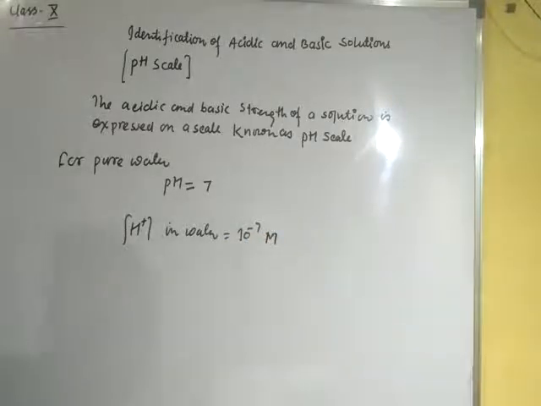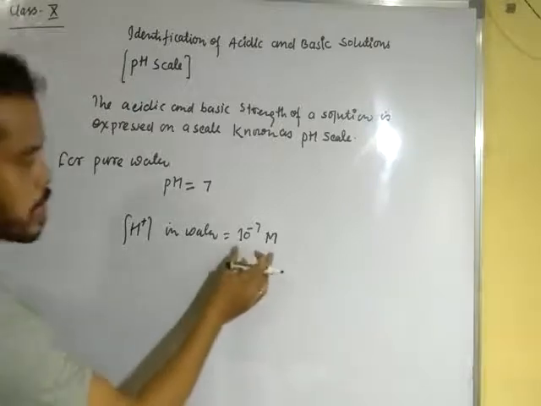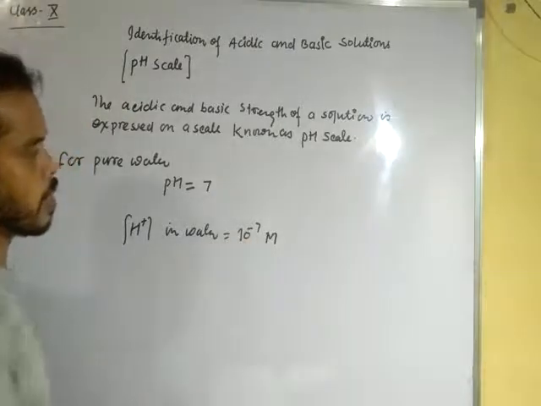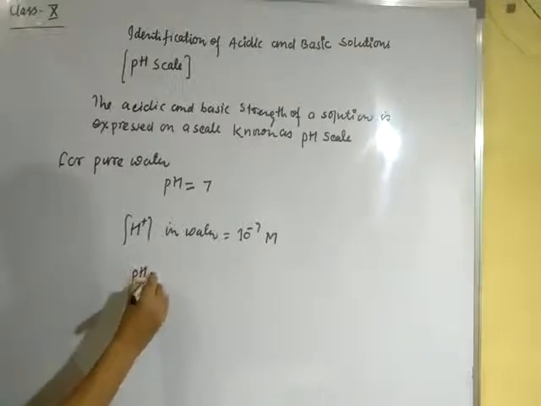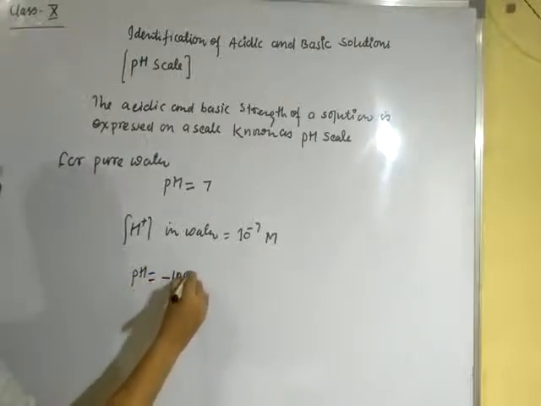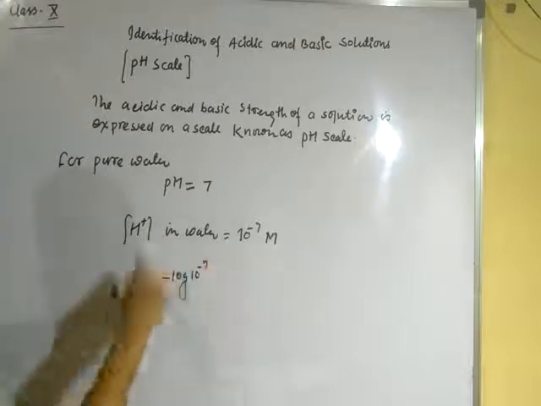Molar means mole per liter. After solving, pH is equal to minus log 10 to the power minus 7.